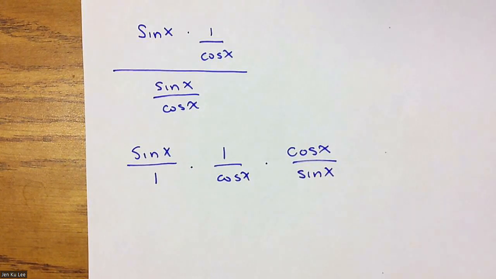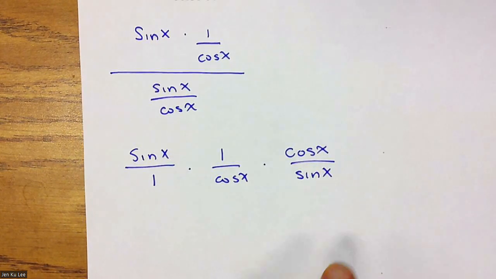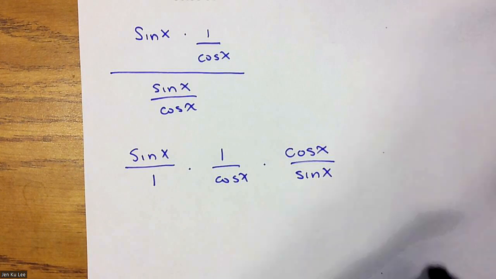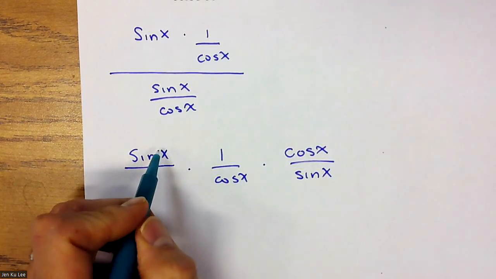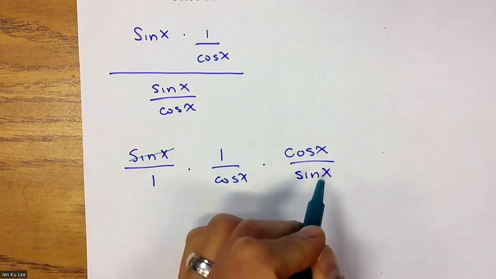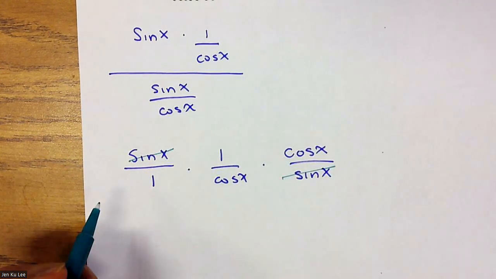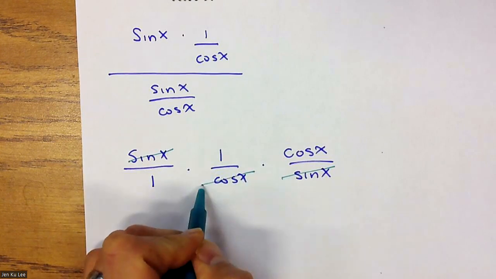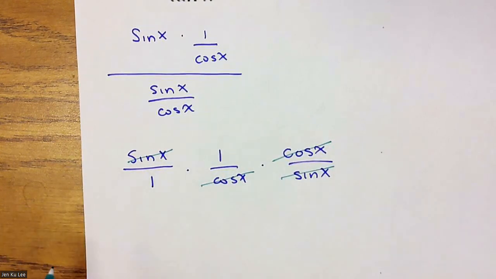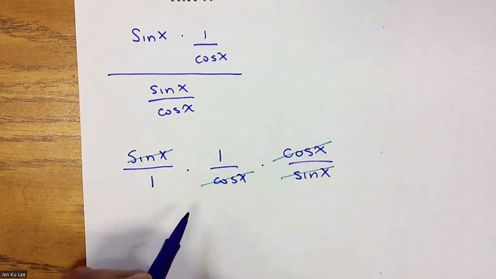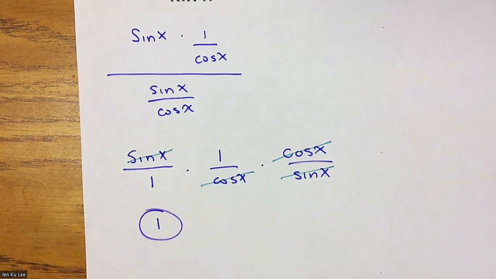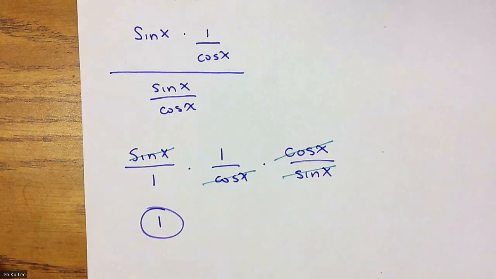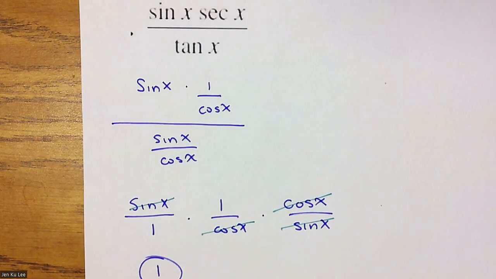Basic math, right? Flip the denominator, put it there. And now we have, again, basic math skills, sine on top, sine in my denominator, they cancel out. Cosine in my denominator, cosine in my numerator, they cancel out. I'm just left with 1. Cool?